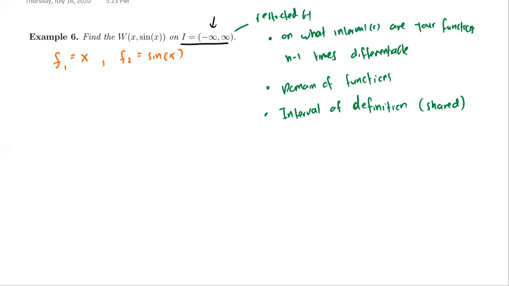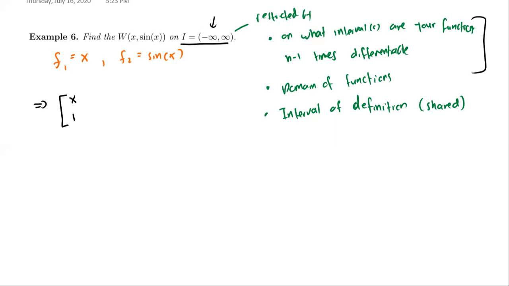In this case, since these are not necessarily solutions to a differential equation, there's no context. All we're interested in is the first two. Are they differentiable? We have two functions and we only have to check for one derivative. So are they one time differentiable everywhere? And are they defined everywhere? They are, so we can calculate the Wronskian for all real numbers. By definition, the first column is the first function and its first derivative.